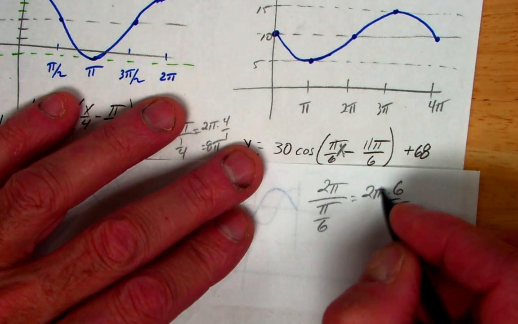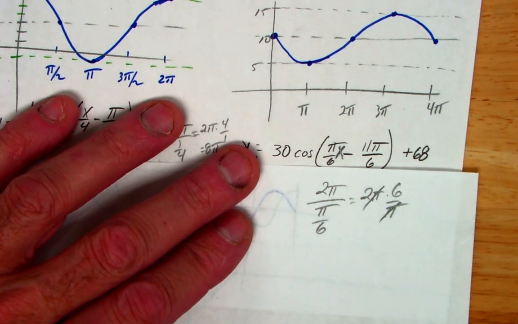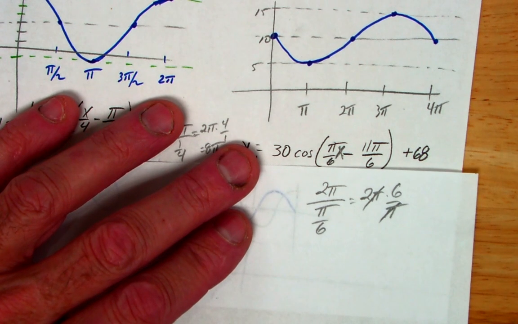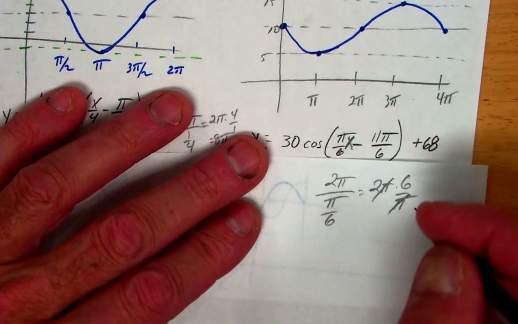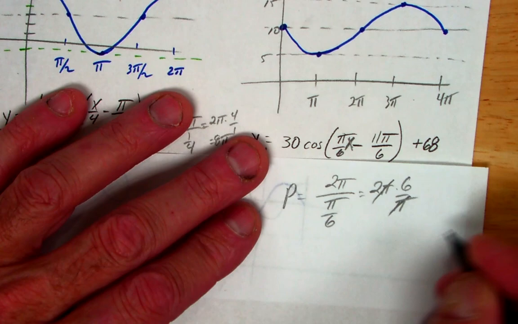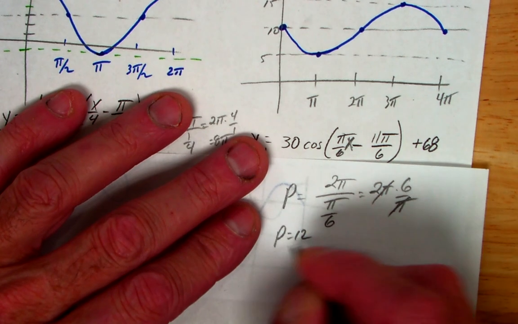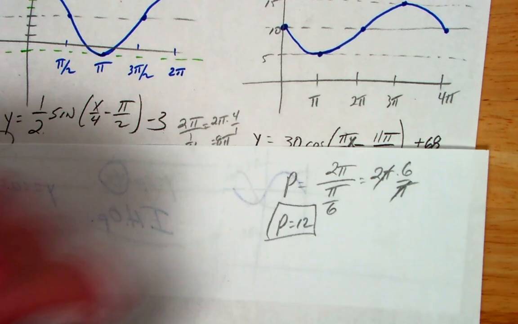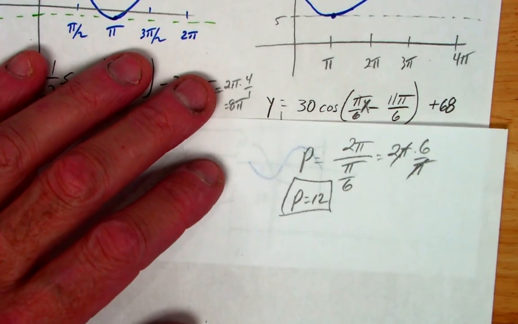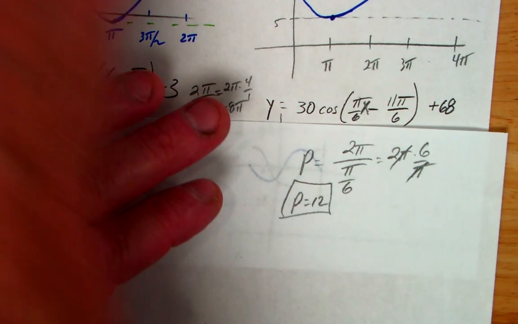And notice my pi's, they cancel. And I get my period to be 12. Okay? My period is 12. I love teaching you guys something brand new you haven't seen before. This is great.